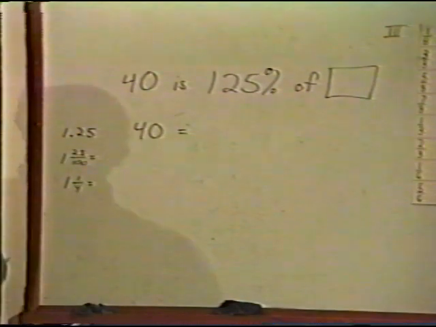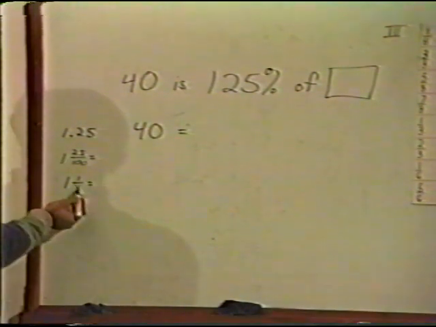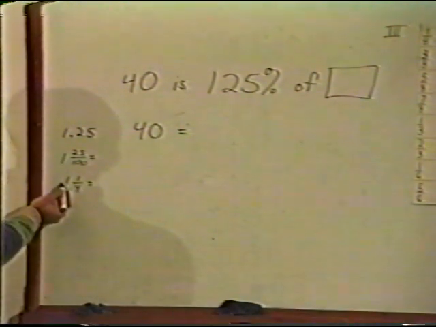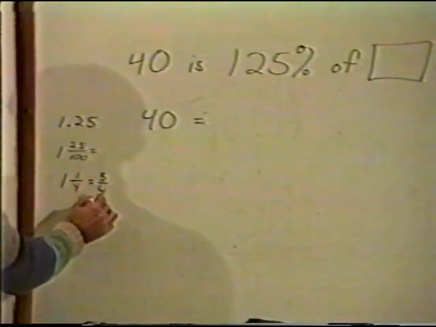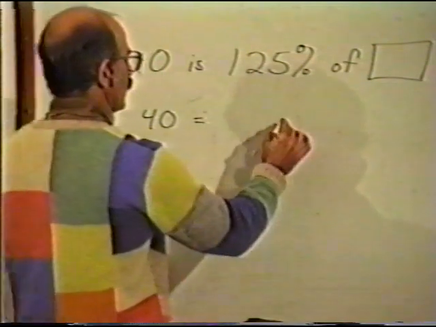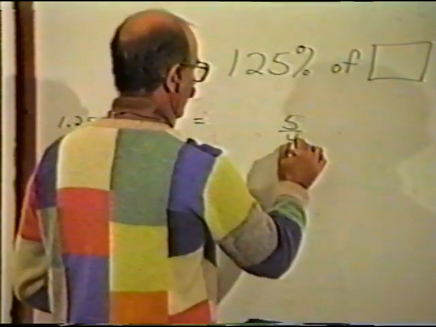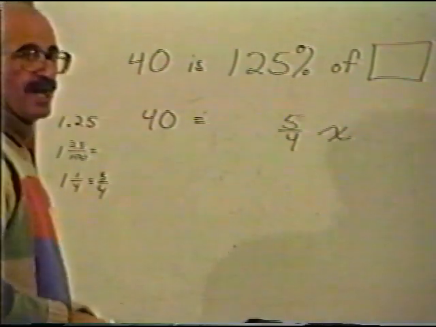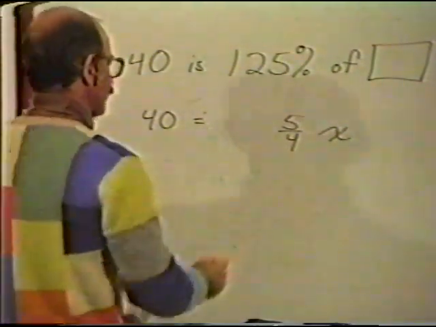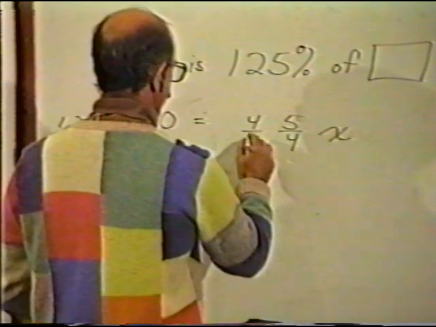Let's change that to an improper fraction. 4 times 1 is 4, plus 1, 5. 5/4. 40 equals 5/4 x. We have to multiply both sides by the flip-flop, 4/5.